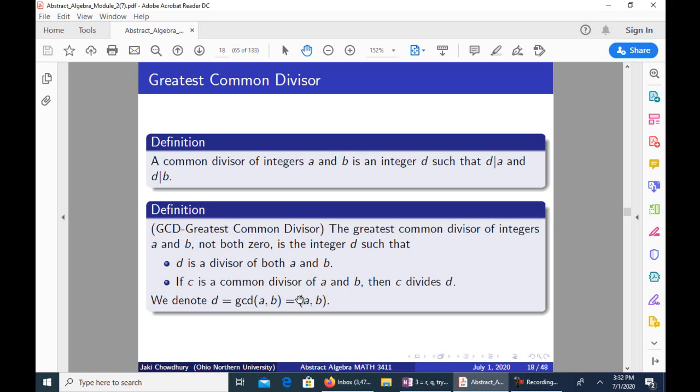Now this notation is kind of misleading because sometimes we use that for denoting just points, but the context should make it clear that we are indeed talking about the GCD. So once again, the greatest common divisor d is such that d is a common divisor of both a and b, and d is divisible by any other common divisor of a and b.